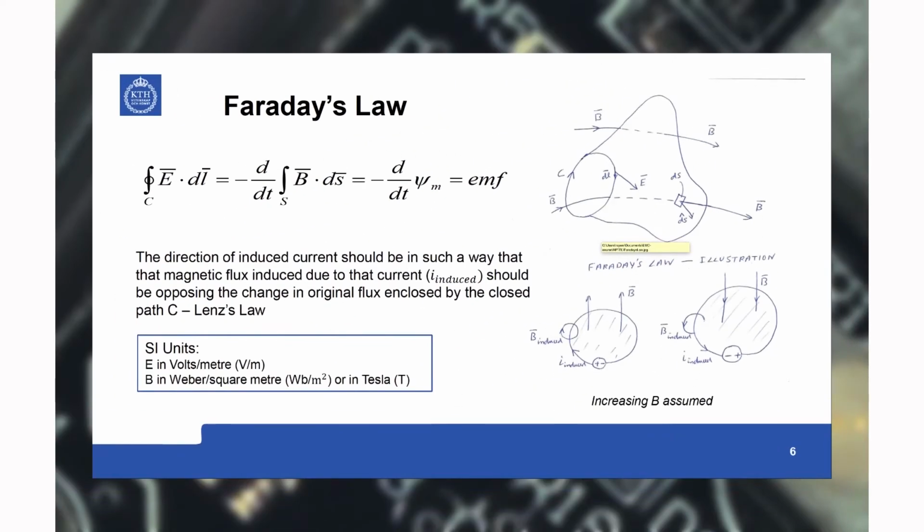Now the direction of the induced current should be such that the magnetic flux induced due to that current I should be opposing the change in the original flux enclosed by the closed path. This is called Lenz's law. So we are using Lenz's law in finding out in which direction the EMF should be, the polarity of the EMF.